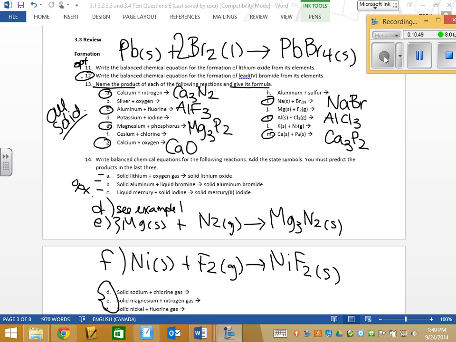All right, I'm just going to bring everybody back together for a minute so that I can make a couple of comments. My first comment is about 14F. In 14F, it doesn't say which charge for nickel you're using, and when you go to look up nickel, it has 2 possible numbers.